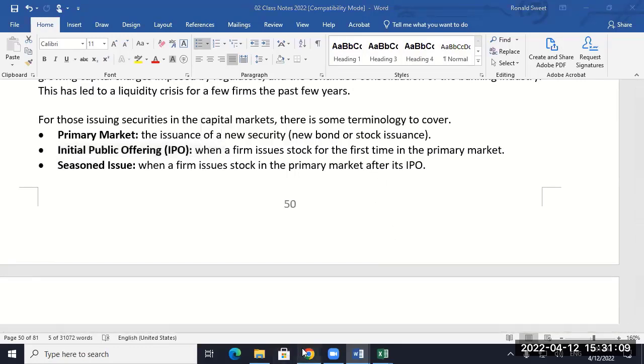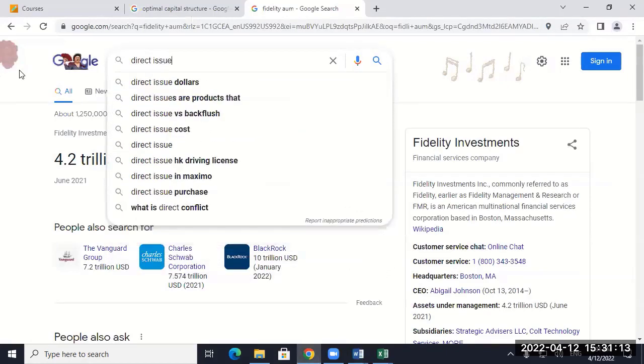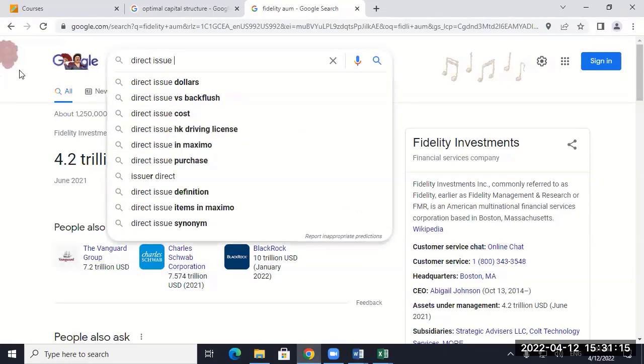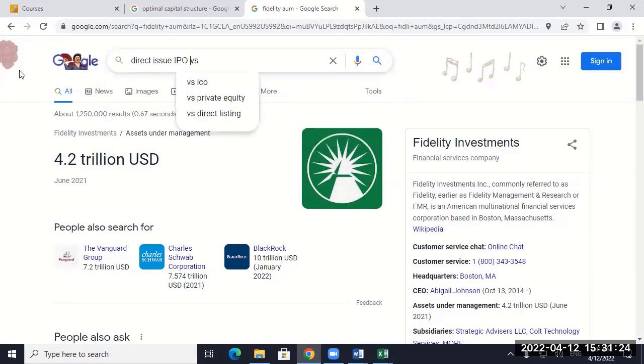Have y'all heard these terms? Direct issue versus, well, IPO versus direct listing.